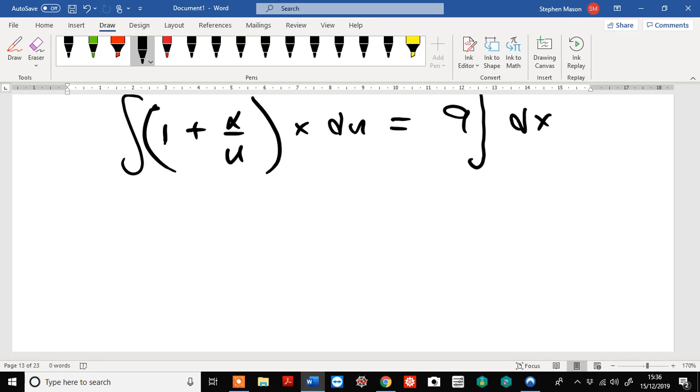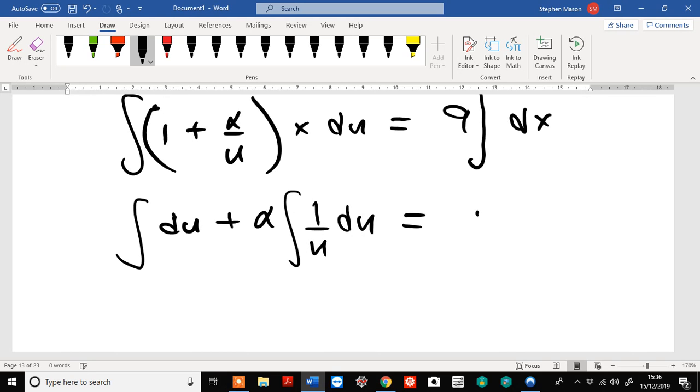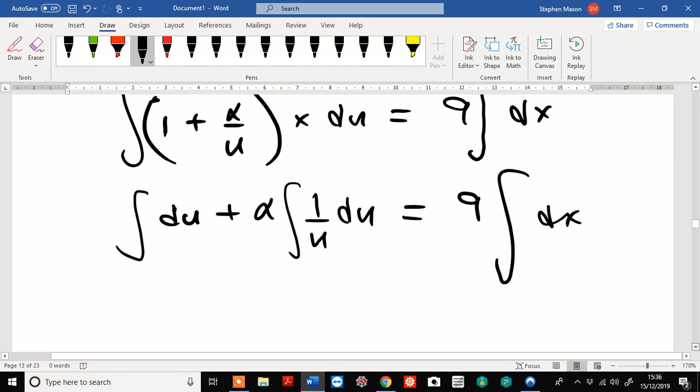So we've got the integral of du plus alpha times the integral of 1 over u du equals 9 dx. Okie doke.